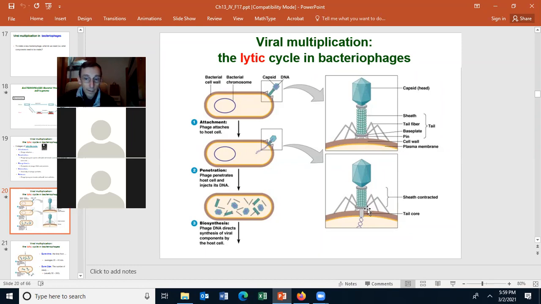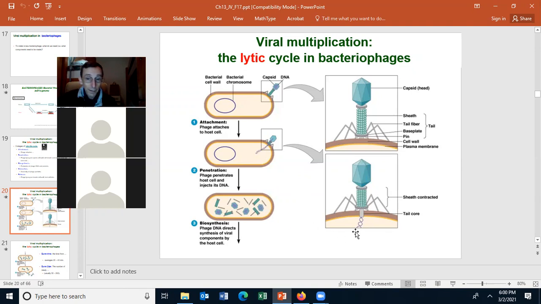And that puts pressure on the head, and that injects the viral genome into the host cell, much like a syringe does, injecting fluid into the body. And it's going through the hole that the tail made right there. The cell membrane then reanneals, by the way. And that's penetration, so attachment and penetration.